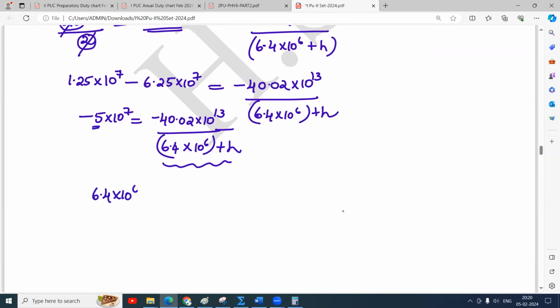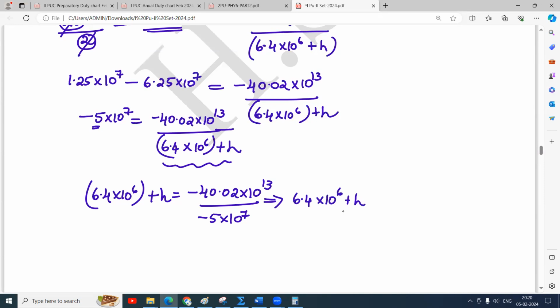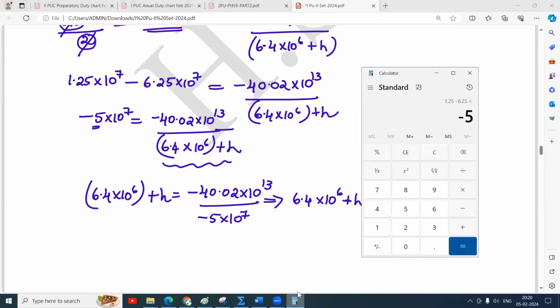6.4 into 10 to the power 6 plus h must be equal to minus 40.02 into 10 to the power 13 divided by minus 5 into 10 to the power 7. So 40 divided by 5 is 8. 40.02 divided by 5, the minus sign gets cancelled, is 8.004, which I can write as 8 only.